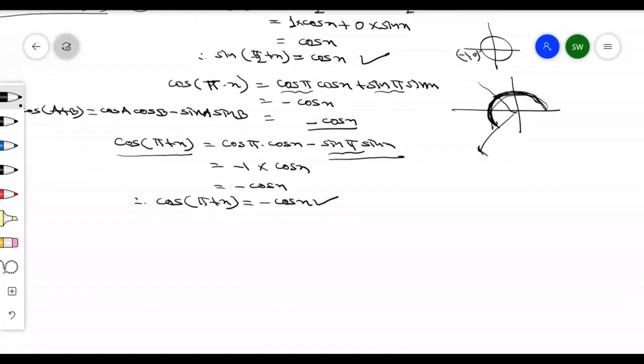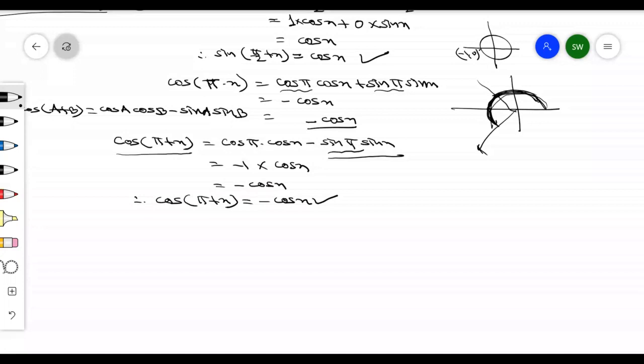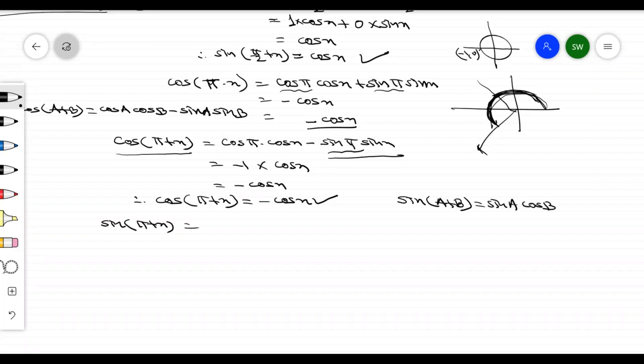Now take sin(pi plus x). Use this formula: sin(a plus b) equals sin a into cos b plus cos a into sin b.